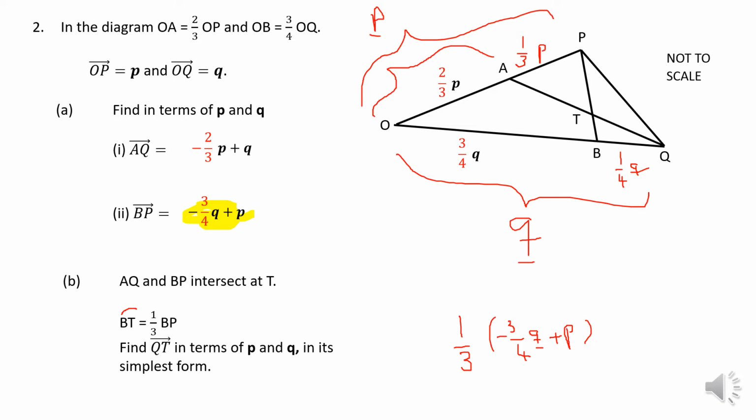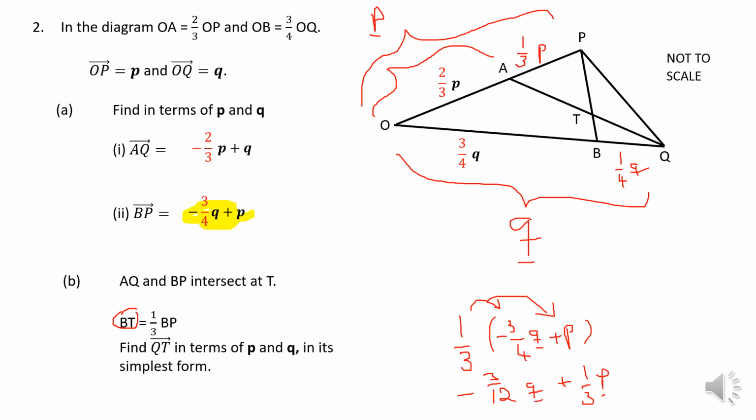So when you multiply this little bit of algebra, you're going to get negative 3/12 Q plus 1/3 P. I'll tell you to write it like this so that you can see the vectors clearly.